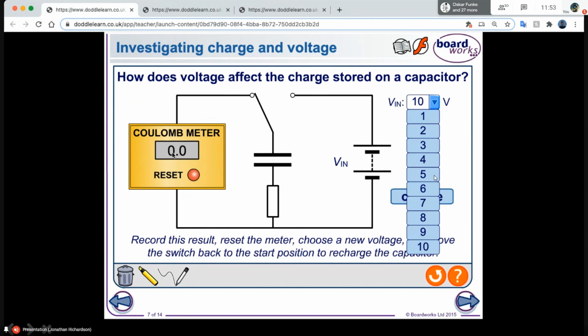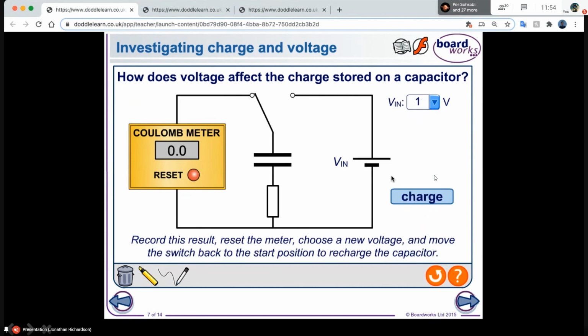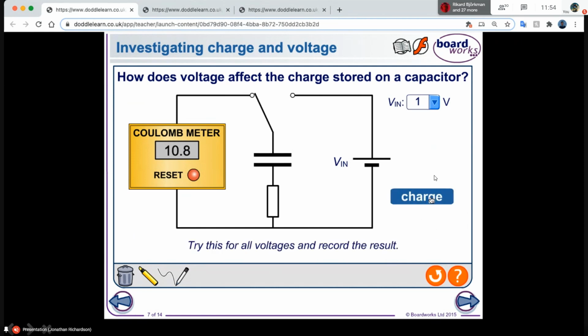This is not a 90 coulomb, this is micro coulombs passing through this meter. So let's select our first value. Let's charge the capacitor with 1 volt and now measure the value. And we now get 10.8 microcoulombs flowing through our circuit.